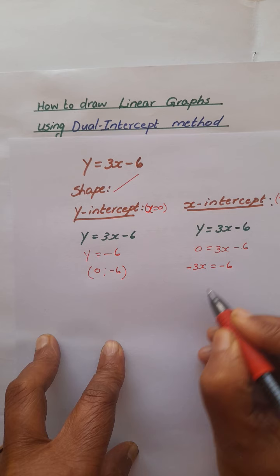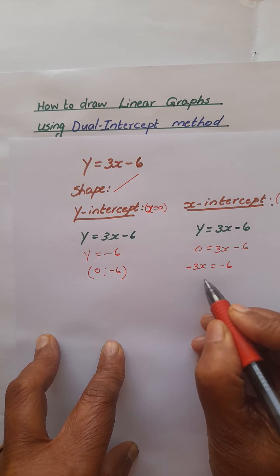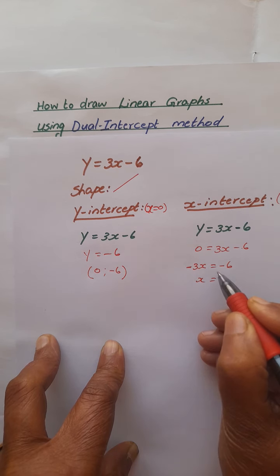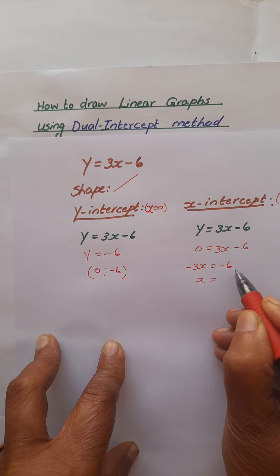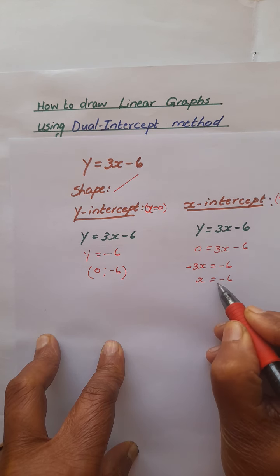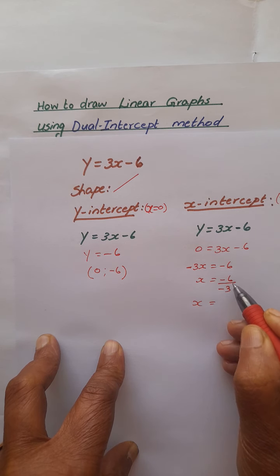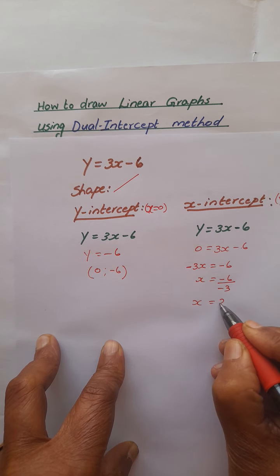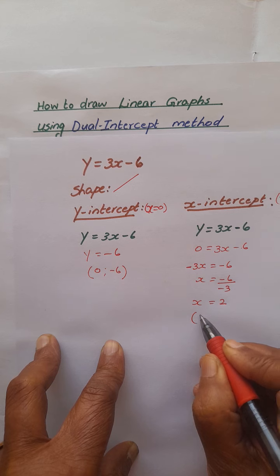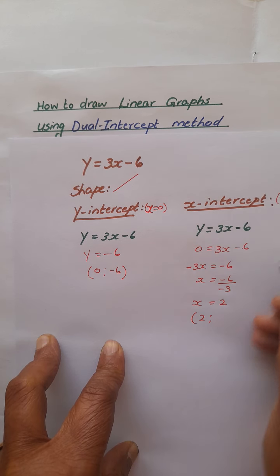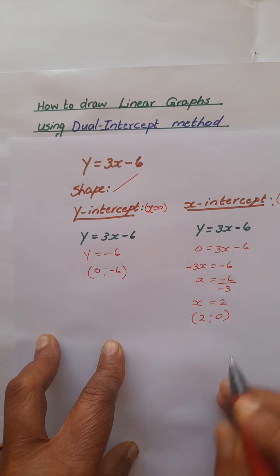Then what do we do? We are multiplying by 3, so we have to divide by 3. So you get x is equal to 6 divided by 3, which is 2. So the coordinates are x is 2 and y is 0.